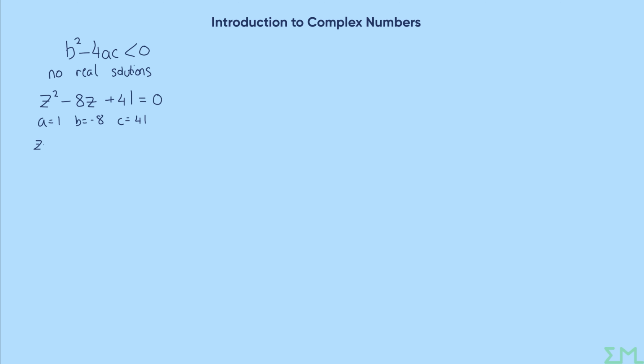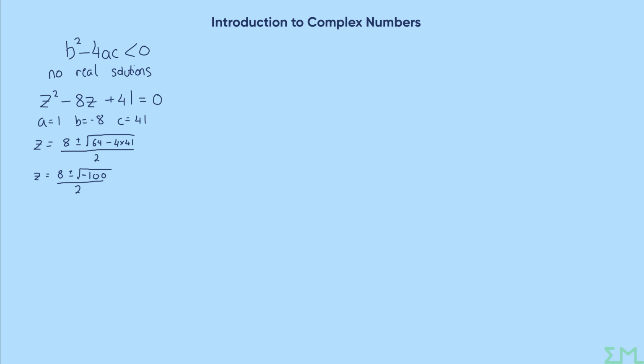So if we put that into minus b, that's going to be 8 plus or minus the square root of b squared, 64, minus 4 times a times c, so that's just going to be 4 times 41, all over 2. So we can see that under the square root we're going to end up with a negative. So 4 times 41, that's 164. 64 minus 164 is negative 100.